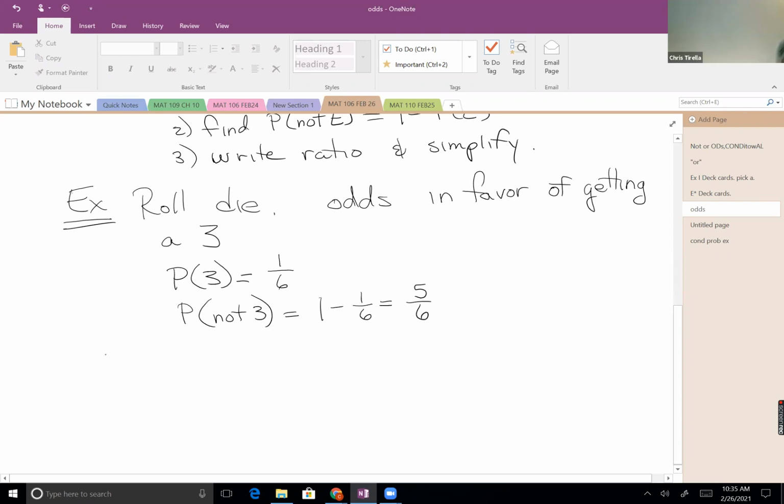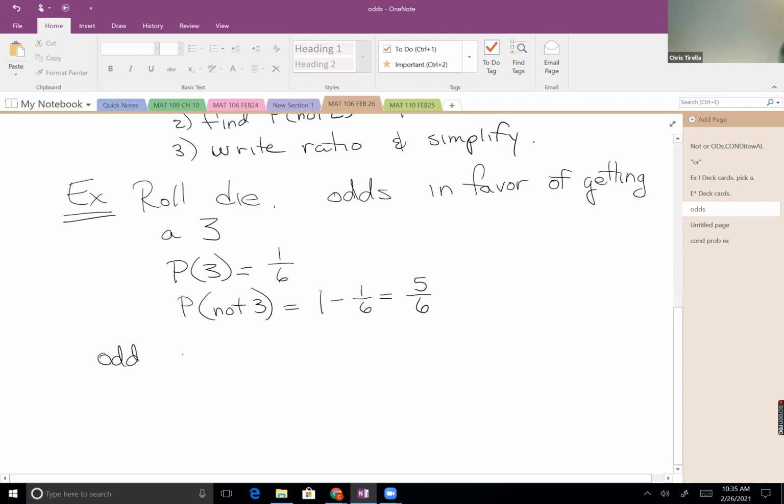So then the odds in favor of a 3 is the ratio 1/6 to 5/6. But usually when you see the odds written as a ratio, it's a ratio of whole numbers, not fractions.